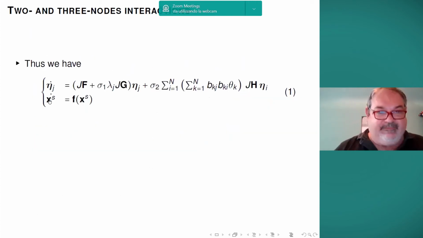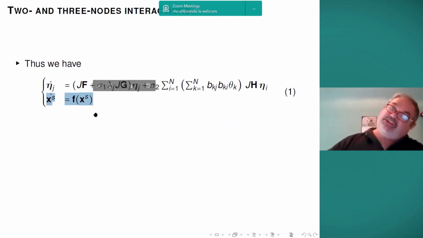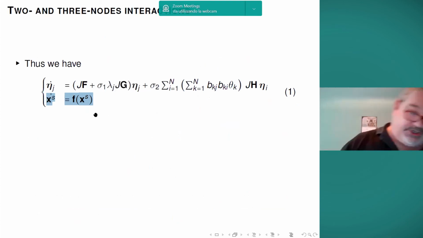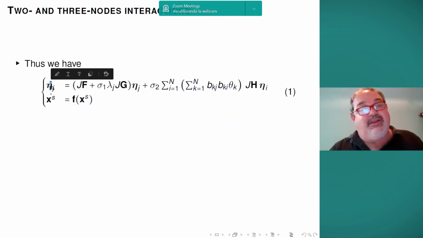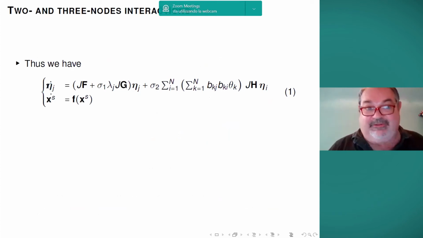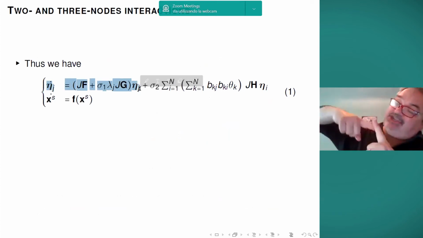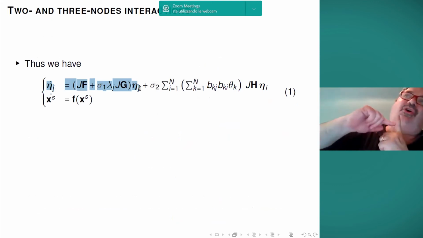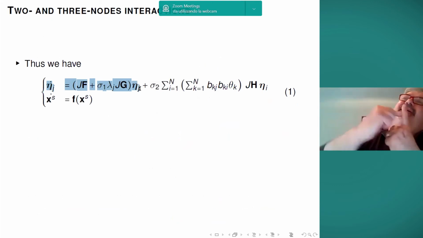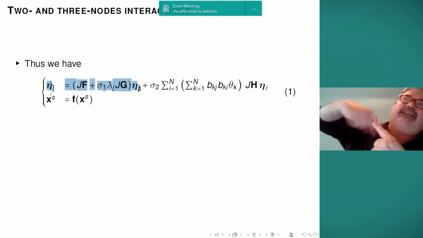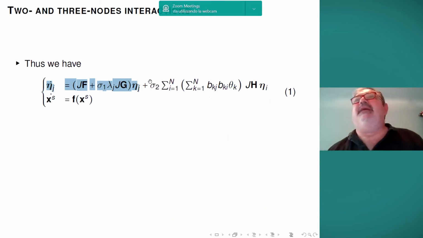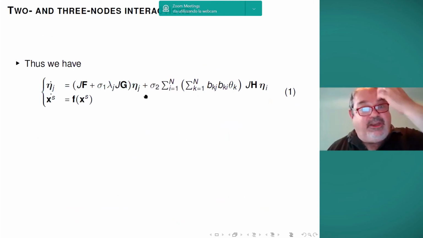You get one single equation which is nonlinear, which gives you the synchronized solution. And here a system of n-1 equations for the projection of the vector on a given basis of the transverse manifold, which are however coupled.